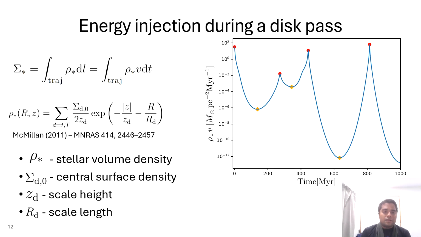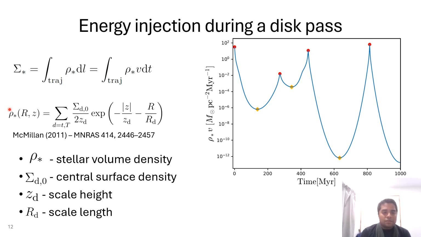To calculate sigma star, we first model the stellar volume density in the Milky Way, which is given by rho star. We model it in cylindrical coordinates r, z for the thin disk and the thick disk of the Milky Way, and that is given by this expression.